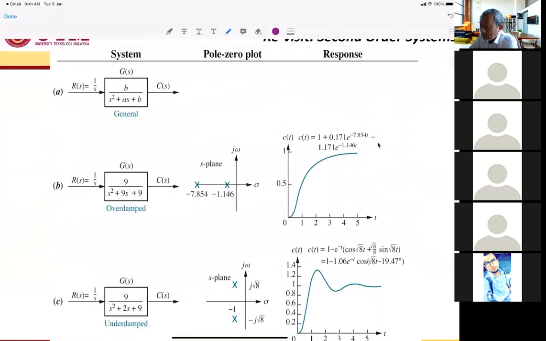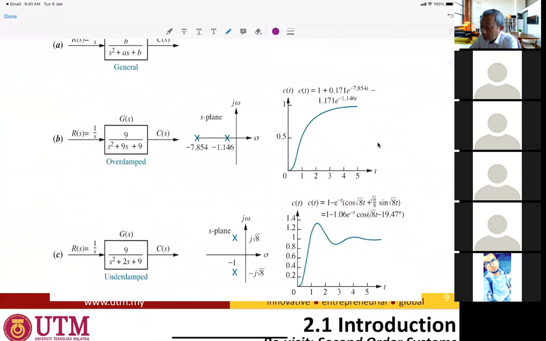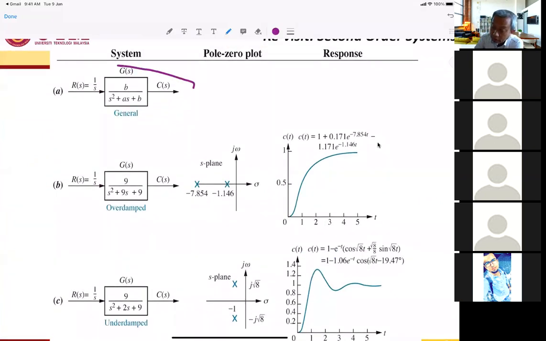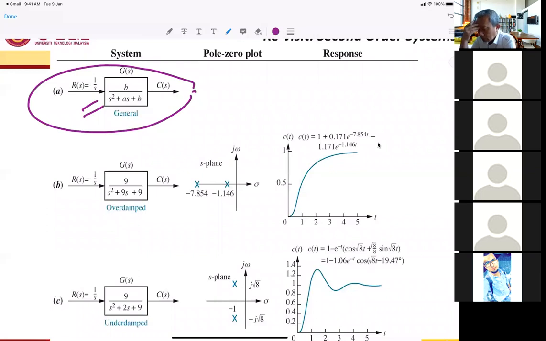In this case, the second order system is based on the standard second order equation with an input of 1 volt, or 1 over s in Laplace. Let's say we have 9 over s squared plus 9s plus 9. This is considered an overdamped system.